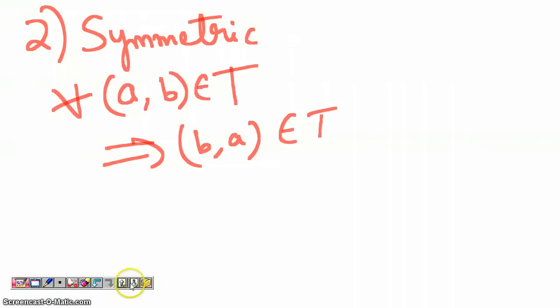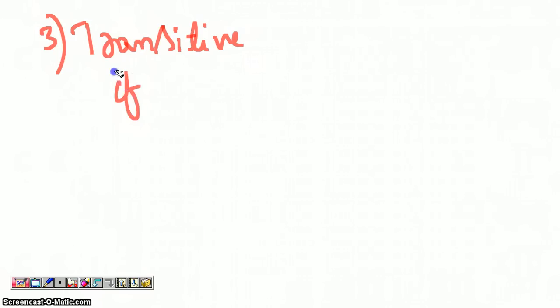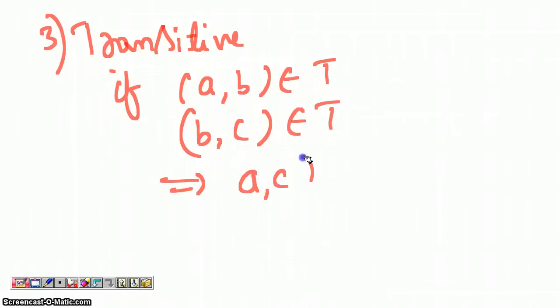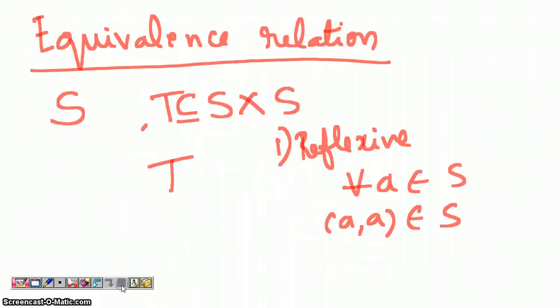The third property is the most important property. It's called transitive property, which means if AB belongs to T and BC belongs to T, then it implies that AC belongs to T. So there are three properties.